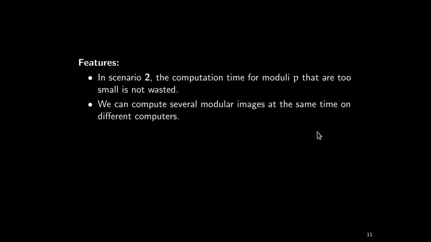The other feature is that you can do several primes at the same time and solve the problem simultaneously, possibly on different computers or on a computer that has several processors, and get several homomorphic images computed at the same time. So in this way, you can save time by parallelization.